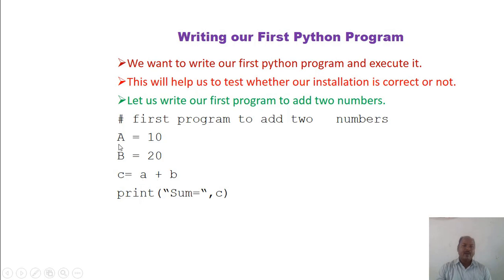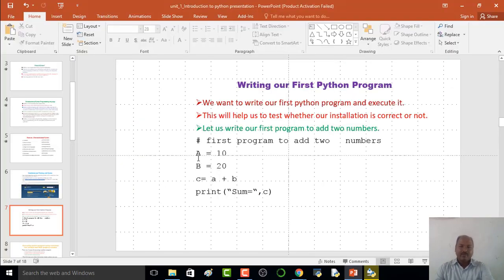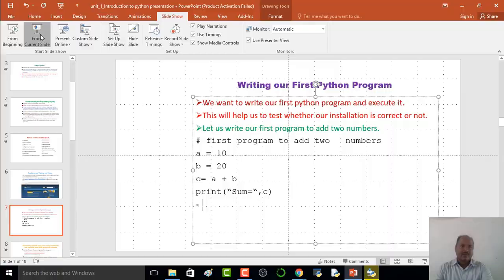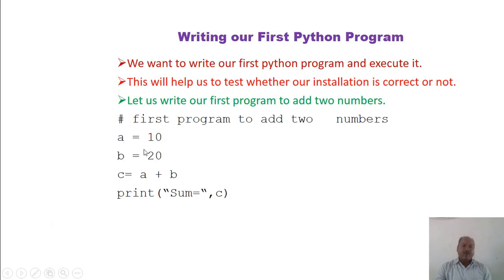Another, c equal to a plus b, where we make the addition of those two numbers, that is a plus b. So a equal to 10, b equal to 20, c equal to a plus b.